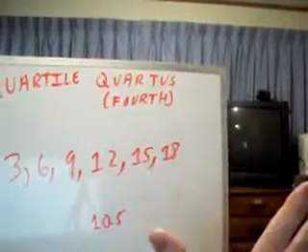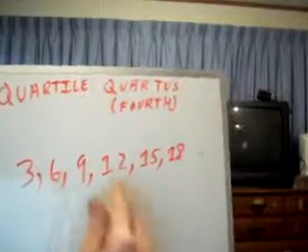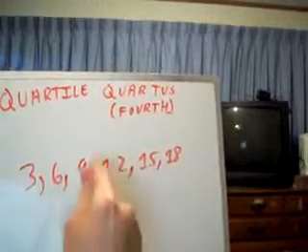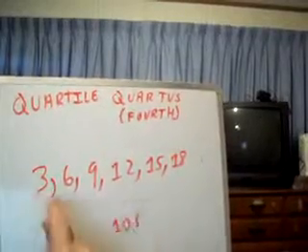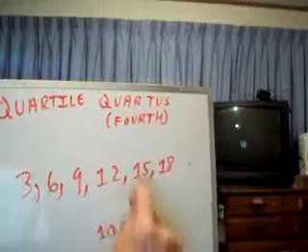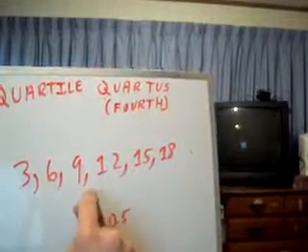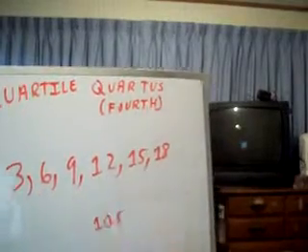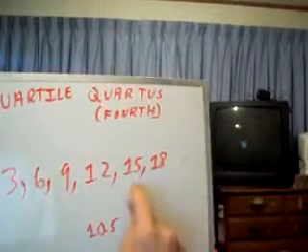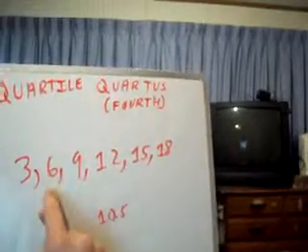Now you say, well, how are we going to find the quartile of this? What we're going to do is separate this data set into 2 data sets. The first data set is going to be 3, 6, and 9, and the second data set is going to be 12, 15, and 18. Now, what's the middle number in this one? Well, that's the number 6. What's the middle number of this one? Well, that's the number 15. So the first quartile is 6.